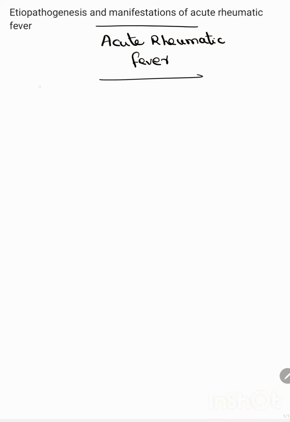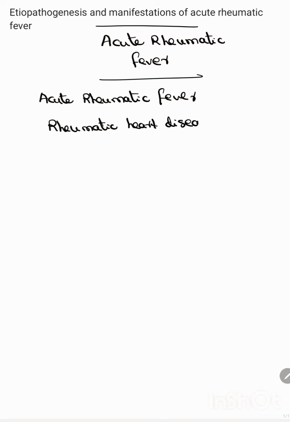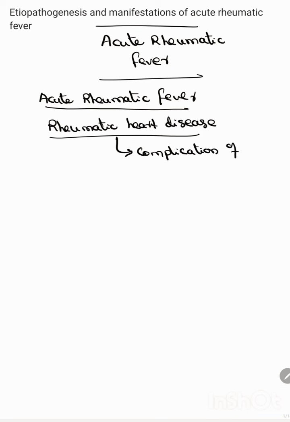So first, let me give you clarity in terms of two different terminologies: acute rheumatic fever and rheumatic heart disease. Both are not interchangeably used and both are extremely different entities. Undergraduates usually tend to equate both of these diseases into a single entity. Rheumatic heart disease, as the name suggests, is a complication of acute rheumatic fever, and it is usually a valvular heart disease.